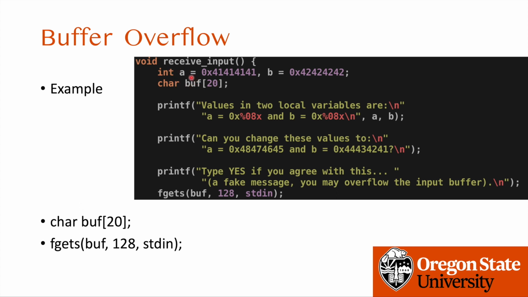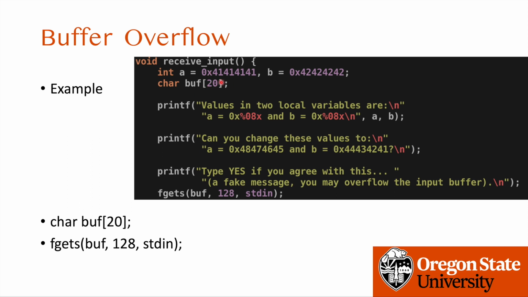We have a character buffer, a variable buff, of size 20 here. And then somewhere in the bottom, when we get an input from the user using the fgets function, we use the maximum size of 128, which is bigger than the buffer size 20.